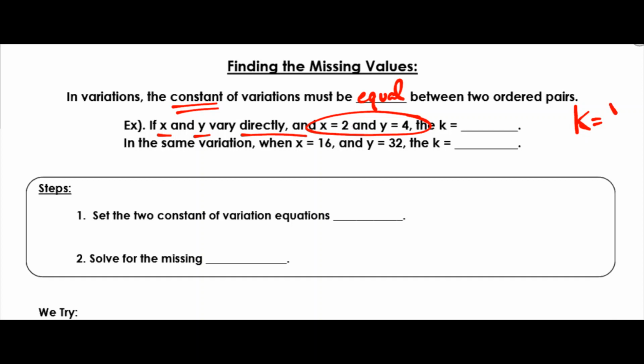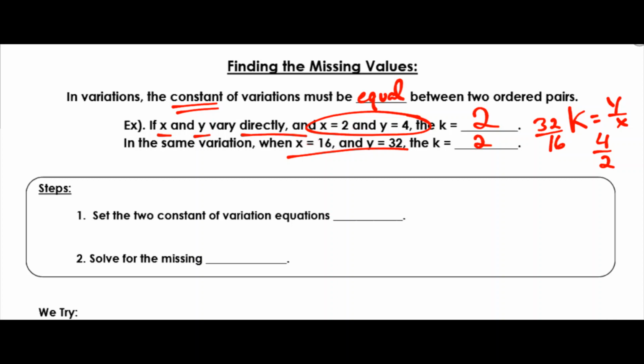For direct variation, I know I'm using k equals y over x. So to find my constant, I'm going to do 4 divided by 2, which is 2. In the same variation, that should also remain true, which it does, because 32 divided by 16 is also 2.